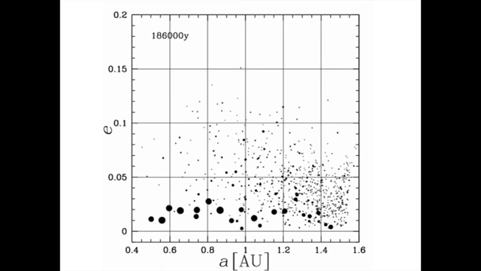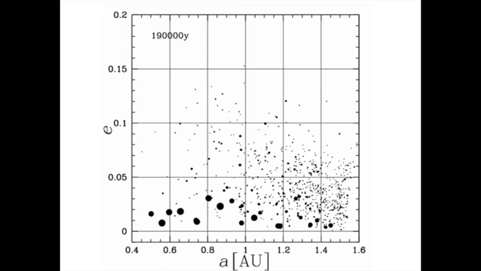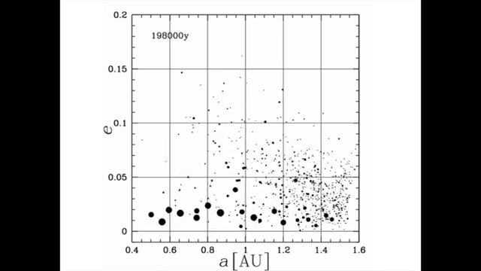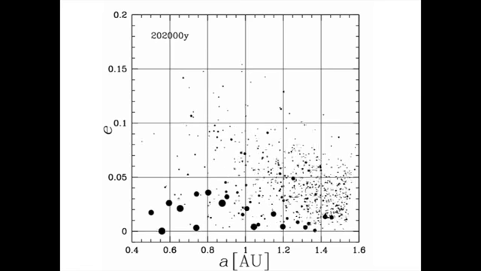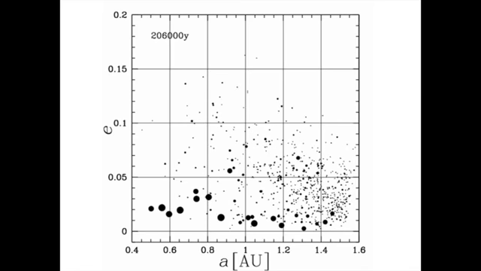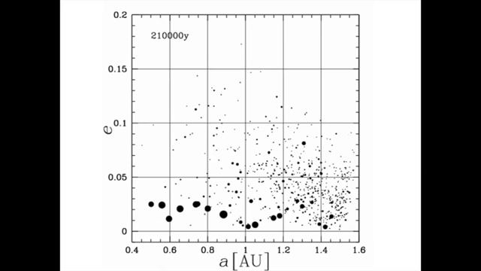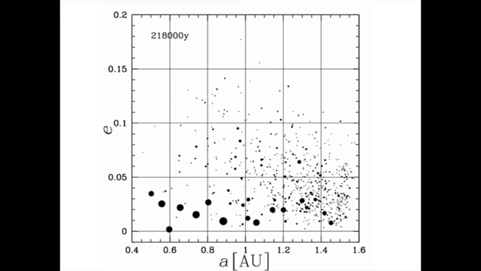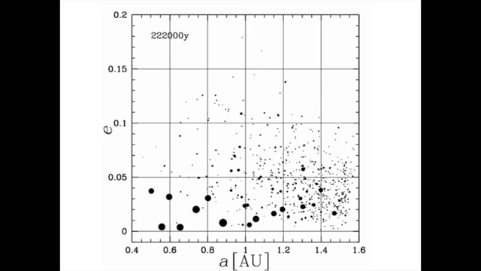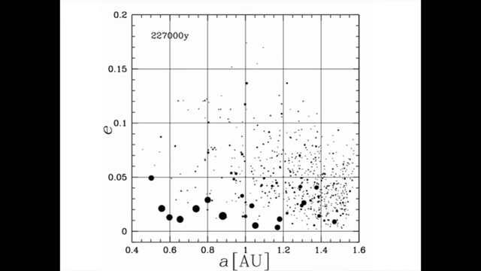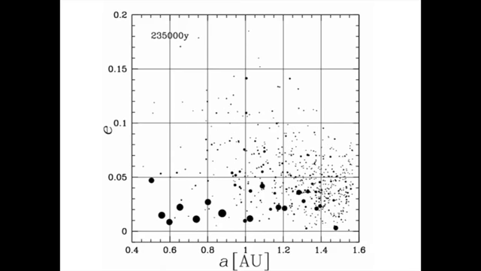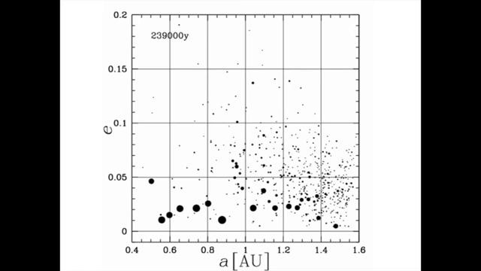In that case, the random velocity of surrounding planetesimals becomes proportional to the Hill radius, and the Hill radius has this dependence on mass. Plugging this relation into the random velocity, we have this negative dependence.